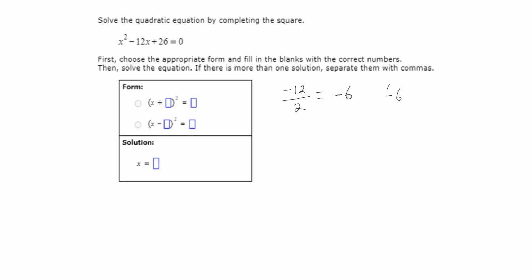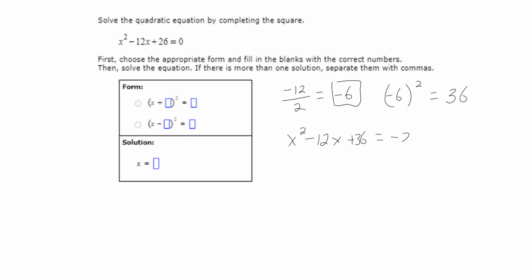Remember, this is the important piece. So we're going to get, you could skip over this step if you like. I'm going to subtract 6 from here, going to add 36 to there. And I had to subtract 26 from both sides, so minus 26, and I put the plus 36 here.